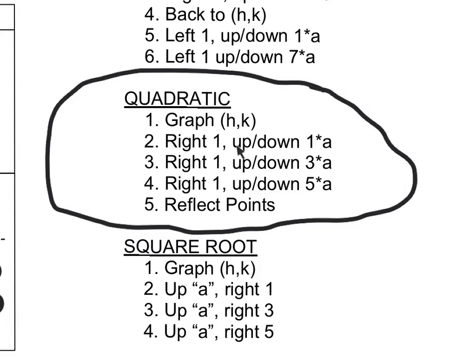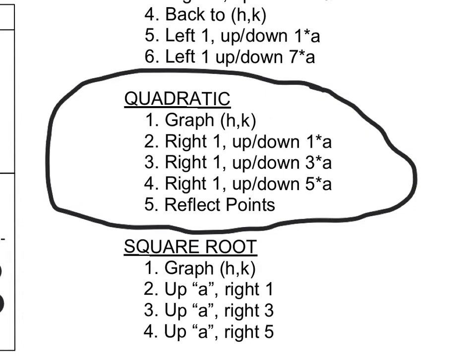You would go right 1 and up 1, because 1 times 1 is 1. Then from that next dot that you just created, you would go right 1 and up 3 times 1, which would be 3. And then if there's room, you would go right 1 and up 5 times 1, which would be 5. Now, a lot of times, guys, you're probably not going to have room to fit that in there. Sometimes you will, a lot of times you won't.